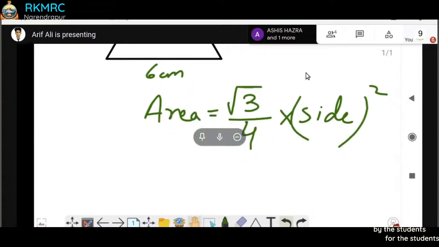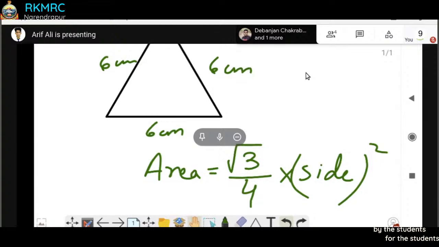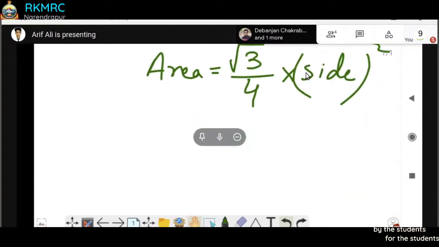What is your side over here? It is 6. You can see all the sides are equal. Then root under 3 by 4 into side square, which is your 6 square.